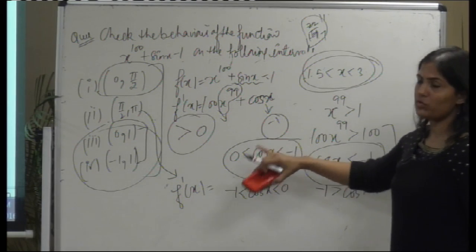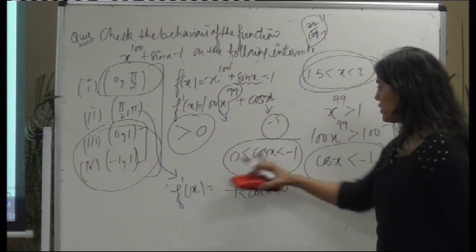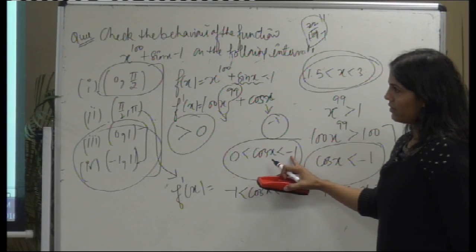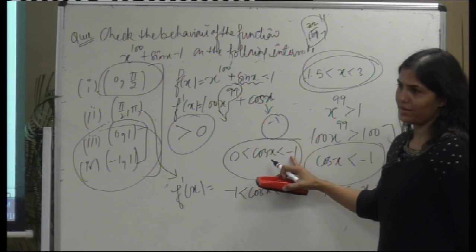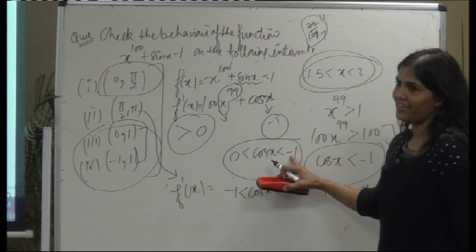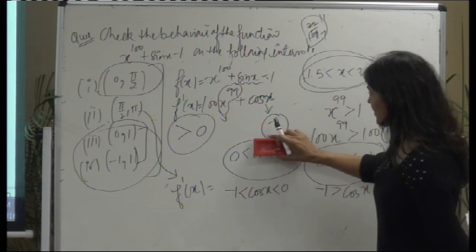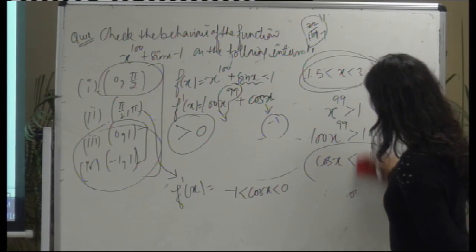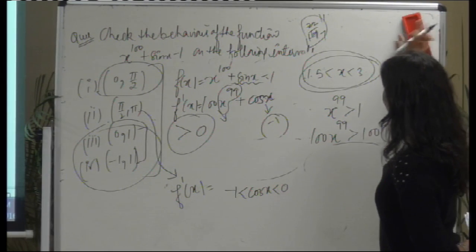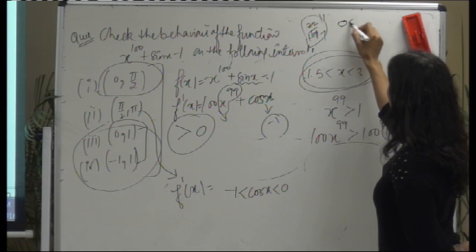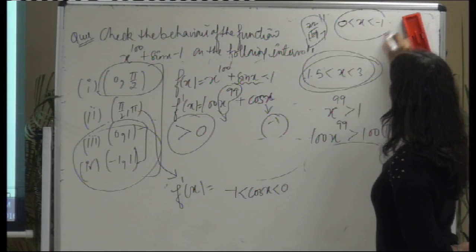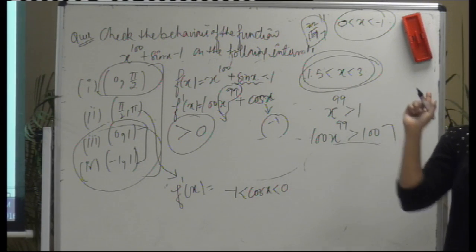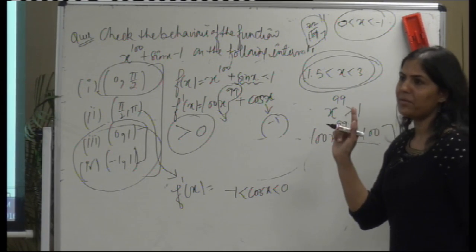I had written cos x greater than 0 and less than minus 1. Is this the way we write the interval? It should be minus 1 less than cos x less than 0. Can you tell me any value in the interval I wrote? Never ever write it like that. Please be careful.